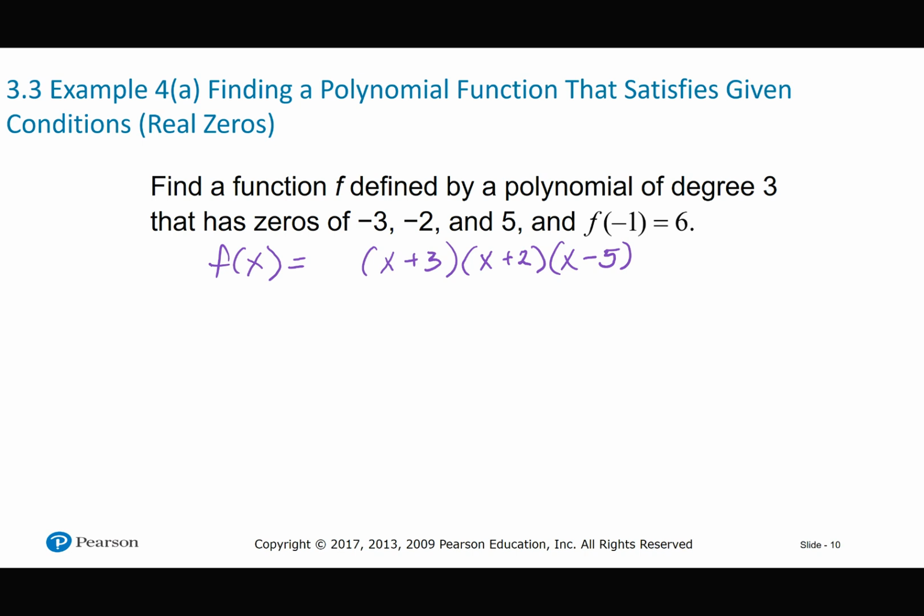But this additional statement that f of -1 is 6 tells me that there's some a coefficient outside here. Remember, standard form ax squared plus bx plus c? That there's some a number also going on.